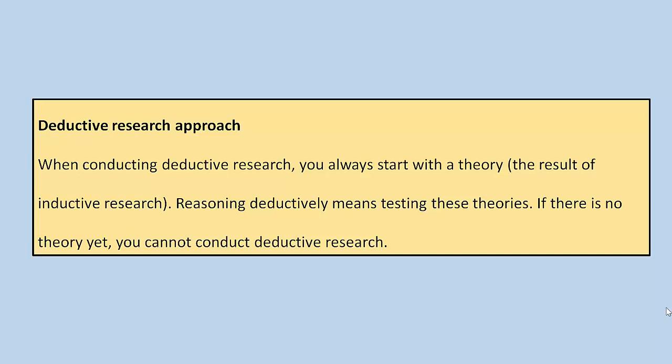If there is no theory yet, you cannot conduct deductive research. Now here is one most important thing. If there is no theory, basically no literature available, then you can go for inductive research, inductive reasoning. Through inductive reasoning you can develop the theory, and in deductive research there should be a theory. If there is no theory, then you cannot carry out deductive research.